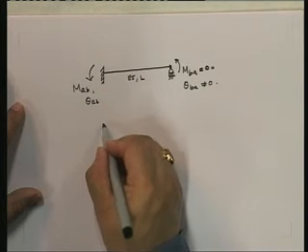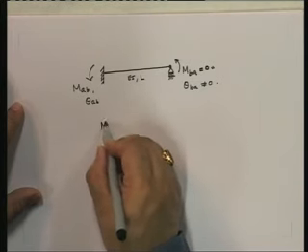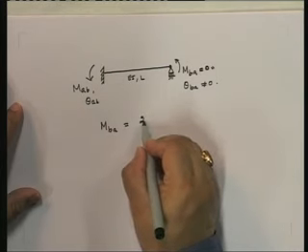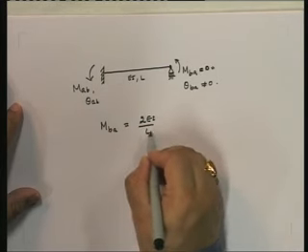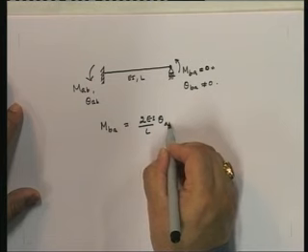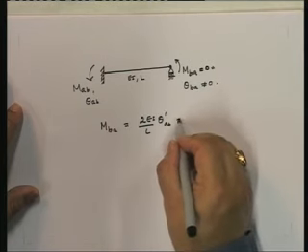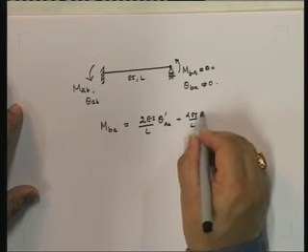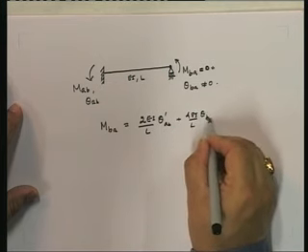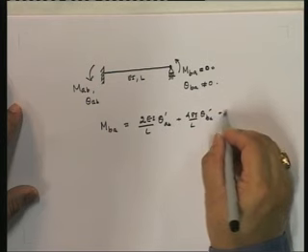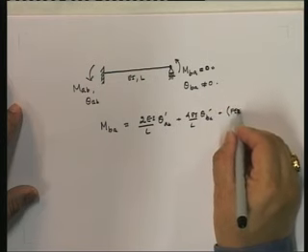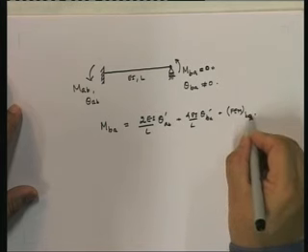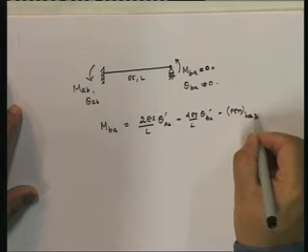It means that MBA, which is equal to 2EI by L theta AB, still using the definition from the chord, plus 4 EI by L theta BA plus fixed end moment at BA.